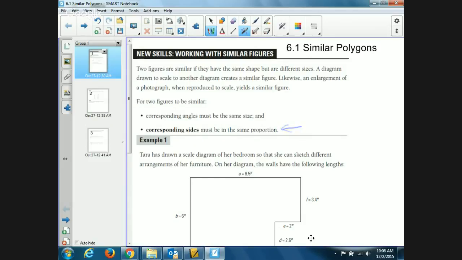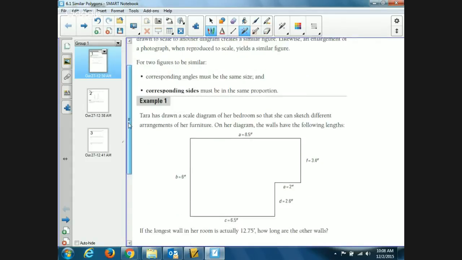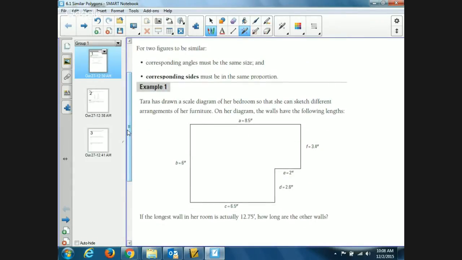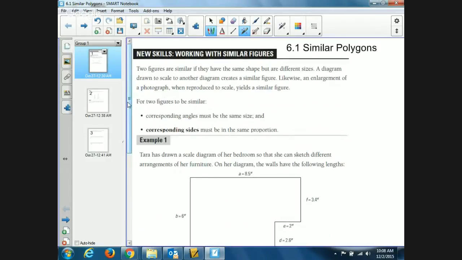I'm going to hide this here. Okay. Now, what do we mean here? Well, look at this. If I had this shape here, and then I duplicated this, but I made it a little bigger.